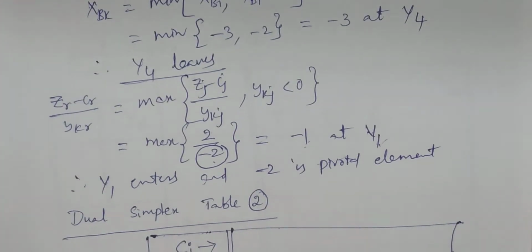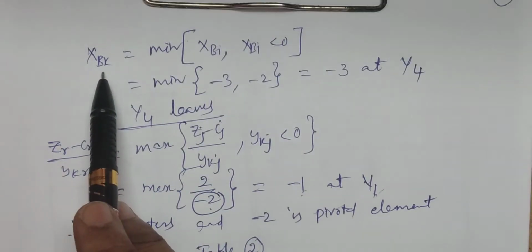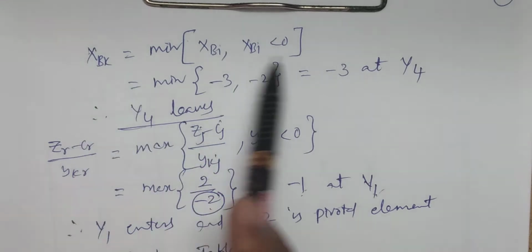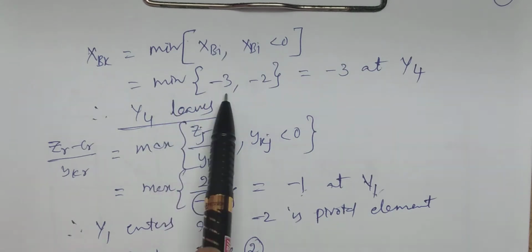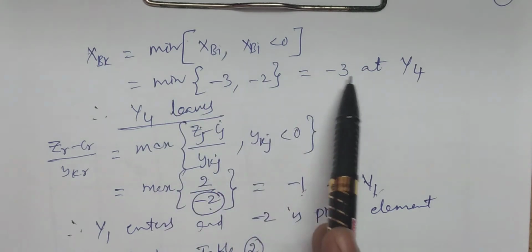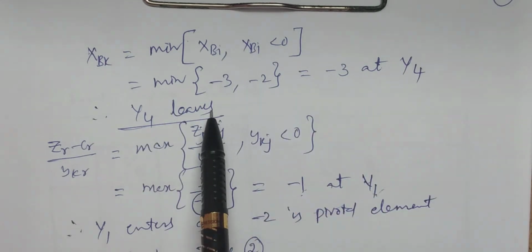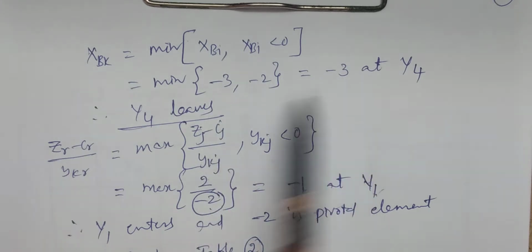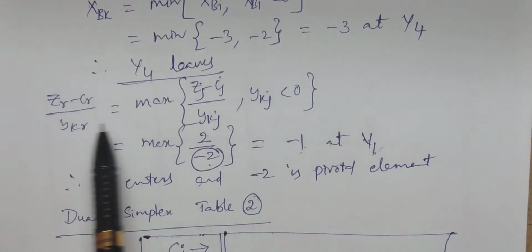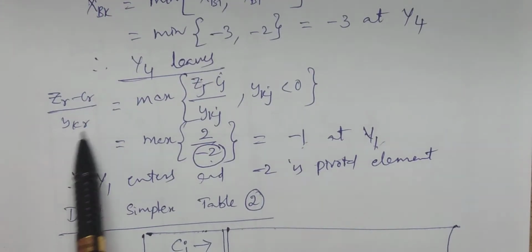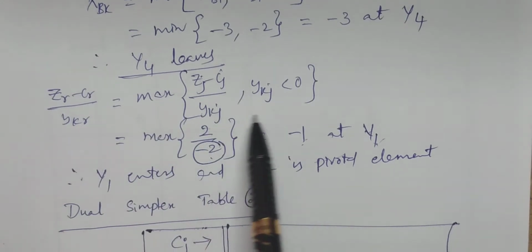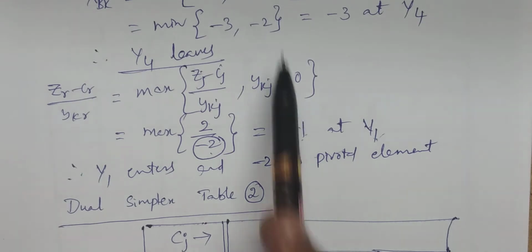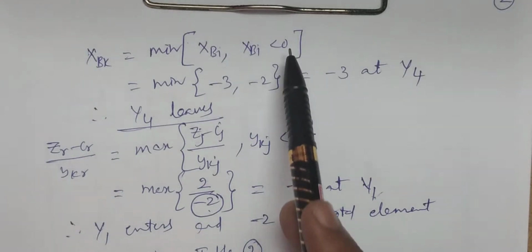That is the usual procedure, right? So this is what we have calculated. Once again, you see here, the minimum of xBi less than 0, for the minimum of -3, -2, therefore -3 at y4, and y4 leaves the basis. Thereafter you have calculated zr minus cr divided by ykr, which is equivalent to the maximum of zj minus cj by ykj, for which ykj must be less than 0. You see the formulas.